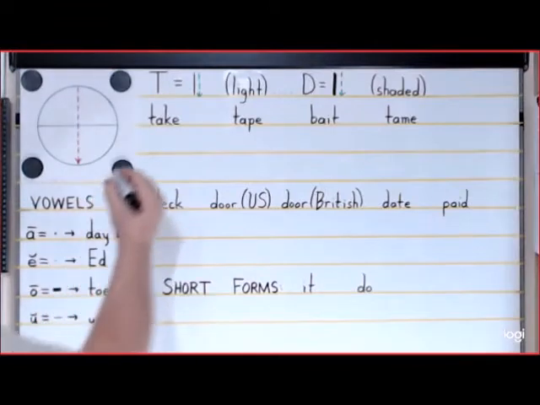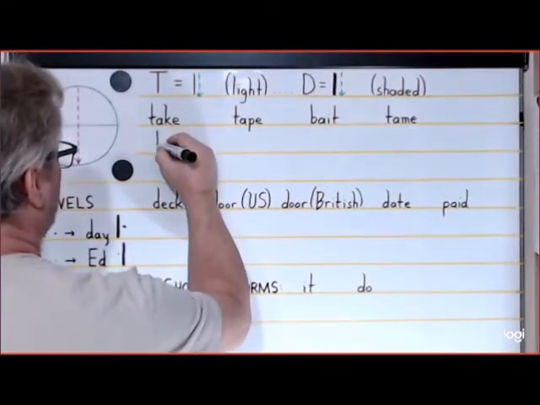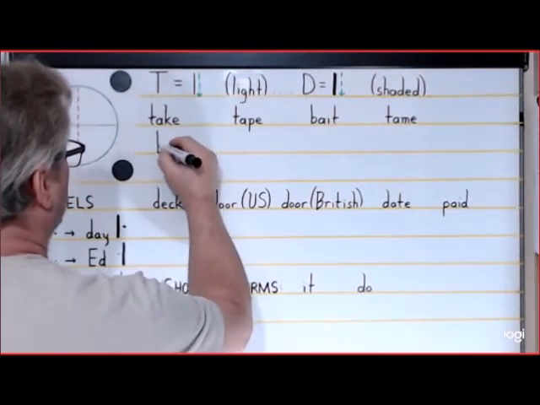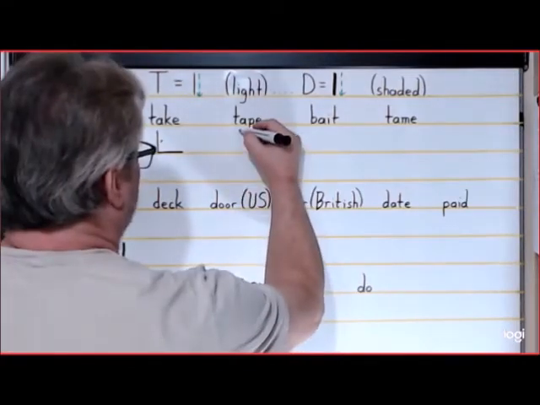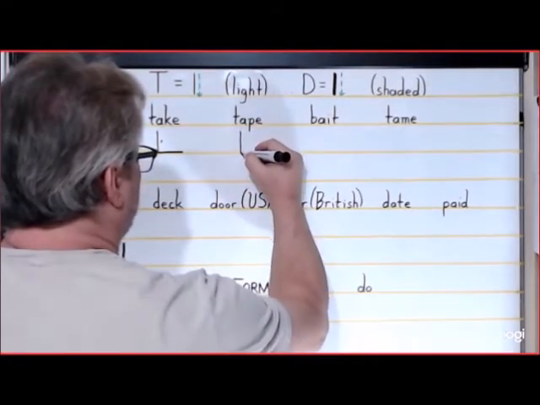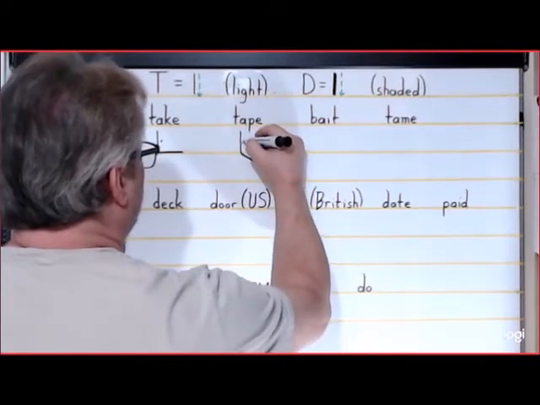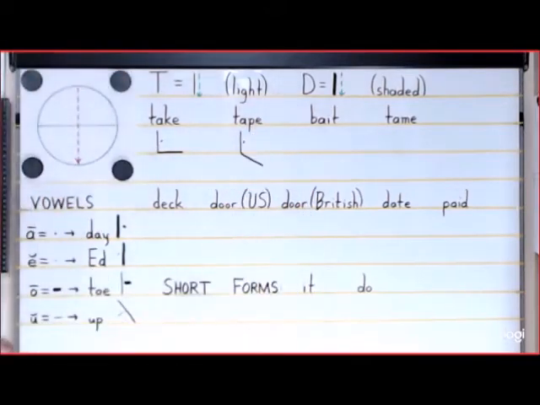So for the word take, it is T, K, and then a heavy dot to represent the long A. The word tape is T, and then a P, and then a heavy dot again for the long A.